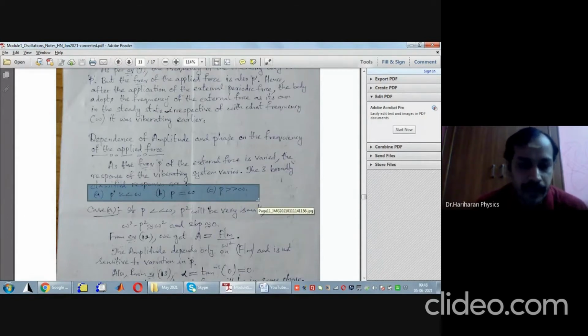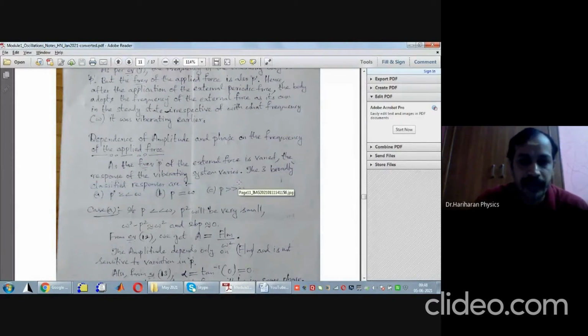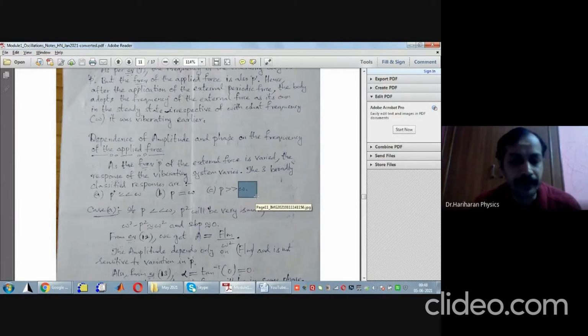For the spring mass vibrating system, the natural frequency of vibration omega, we already know, is given by omega equals root of k by m. Therefore, that is fixed. So when you vary the frequency of the applied signal, the response of the vibrating system will also change. How that will change is what we are going to examine, and that can be put into broadly three cases.